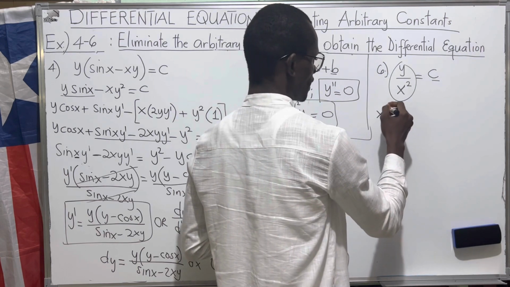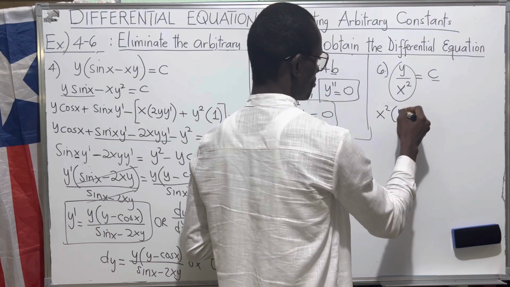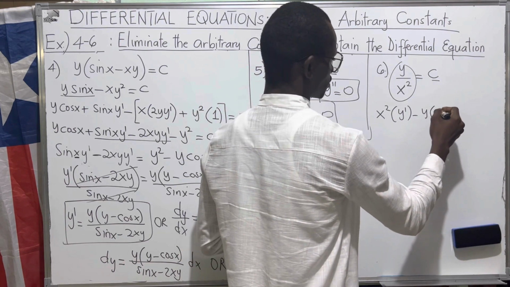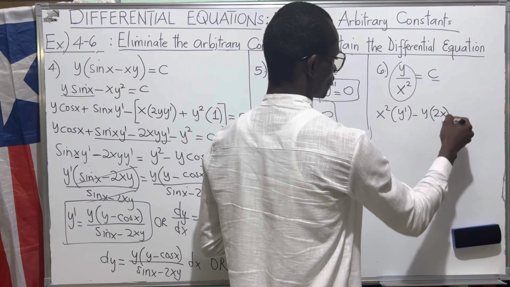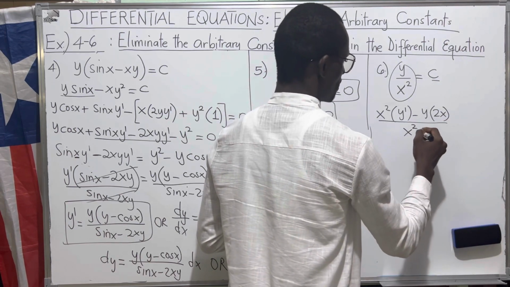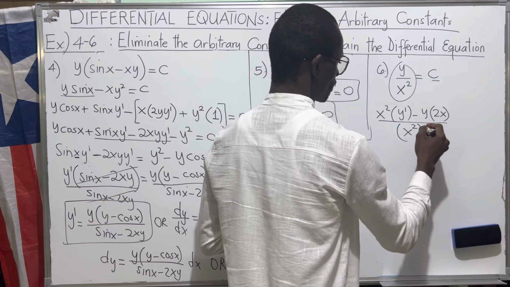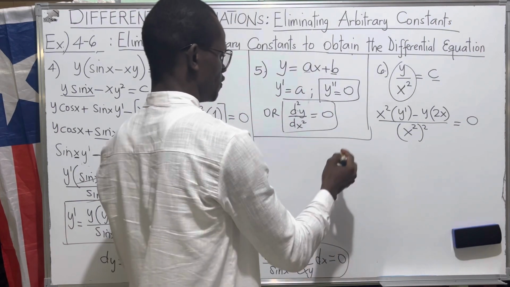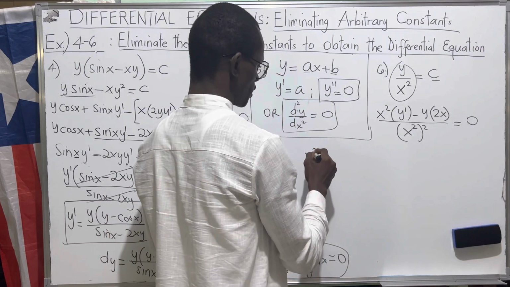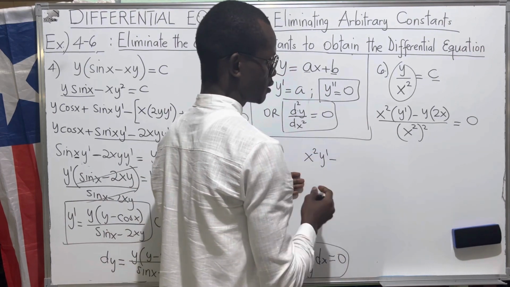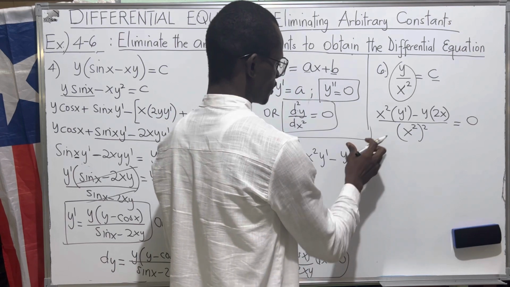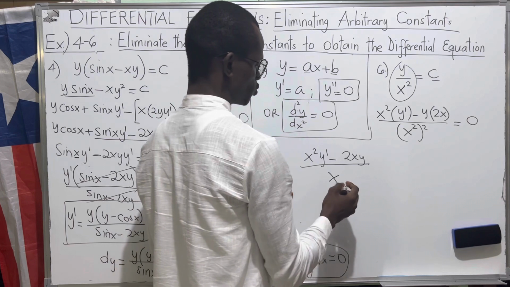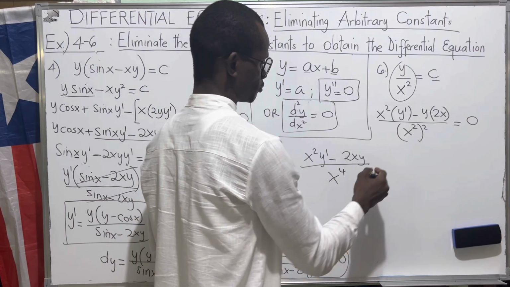So we hold x squared, we differentiate y, we get y prime, minus we hold y, we differentiate x squared, we get 2x, all divided by x squared all squared, according to the quotient rule, and this equals 0. So we further simplify, you have x squared y prime minus y times 2x, which is just 2xy, divided by x to the fourth power, equals 0.